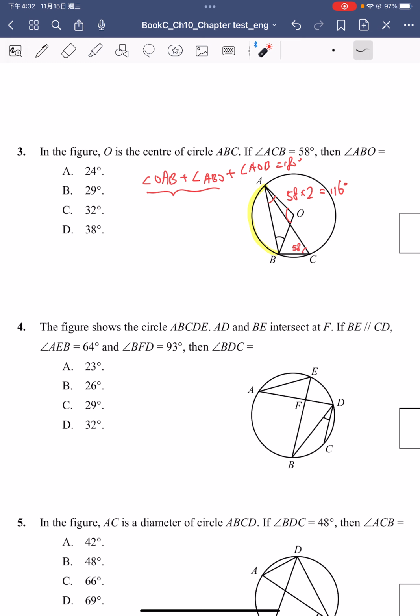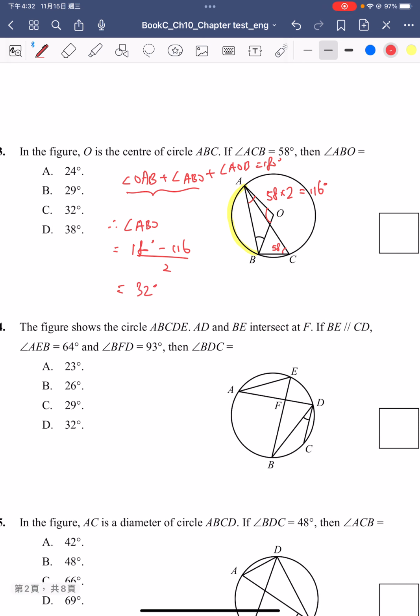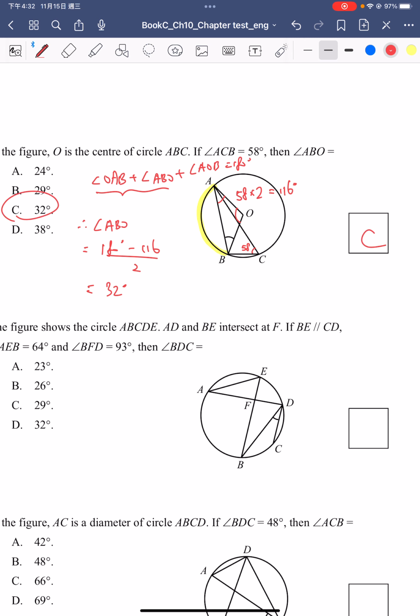These two are the same by using the base angles of an isosceles triangle, so the angle ABO is equal to 180 minus the angle AOB, which is 116, and then divided by 2. So we have 180 minus 116 divided by 2, giving the answer of 32 degrees. So the answer is going to be C.